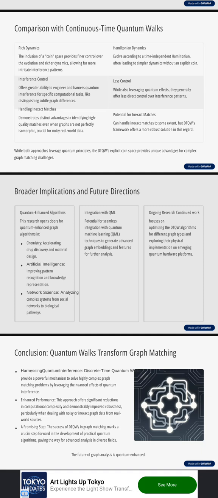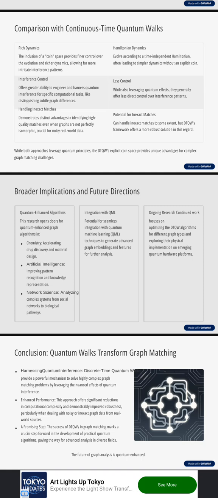Quantum walks transform graph matching. Harnessing quantum interference, discrete time quantum walks provide a powerful mechanism to solve highly complex graph matching problems by leveraging the nuanced effects of quantum interference.